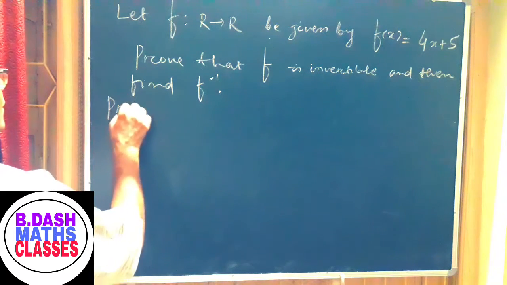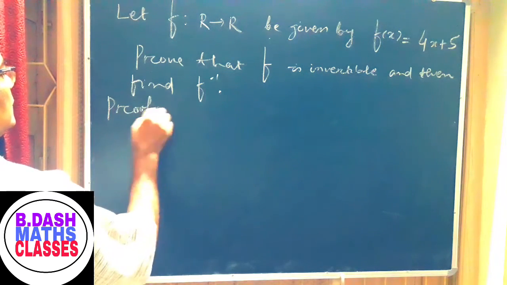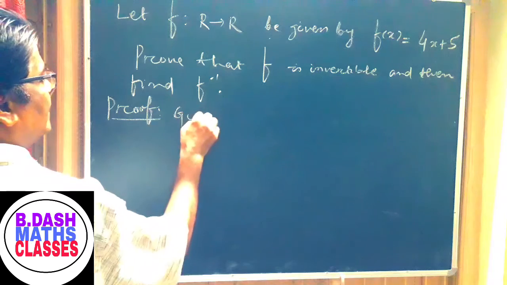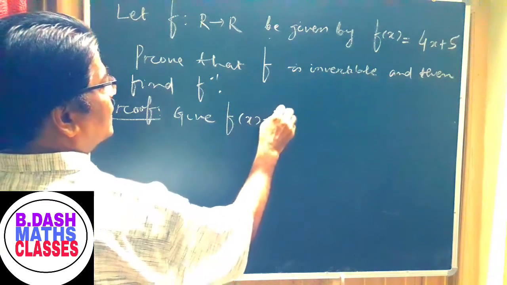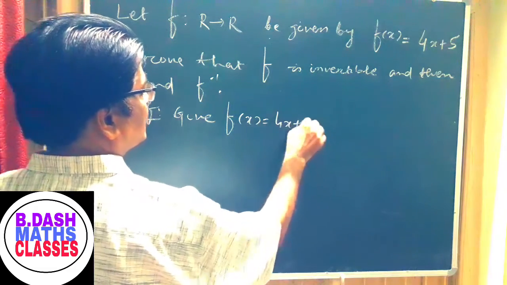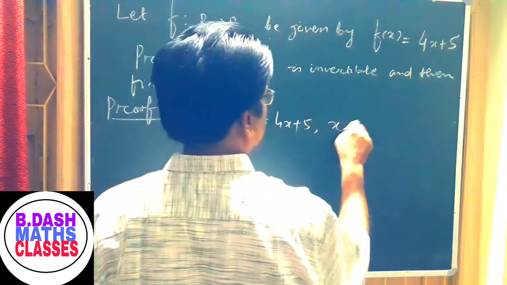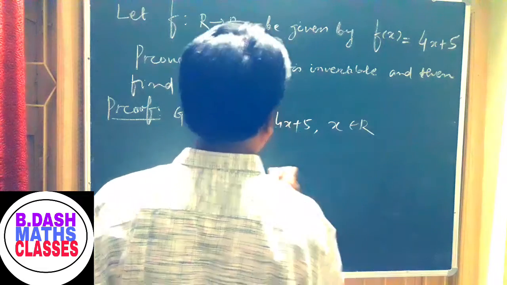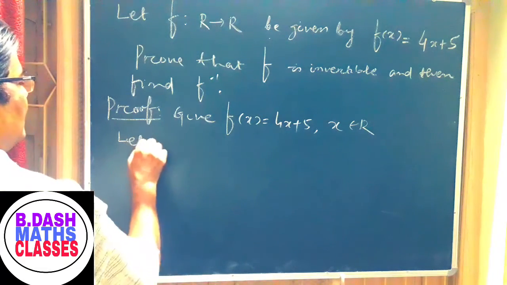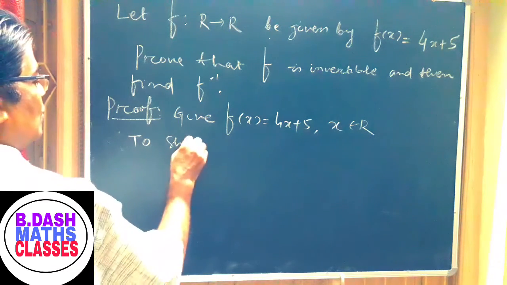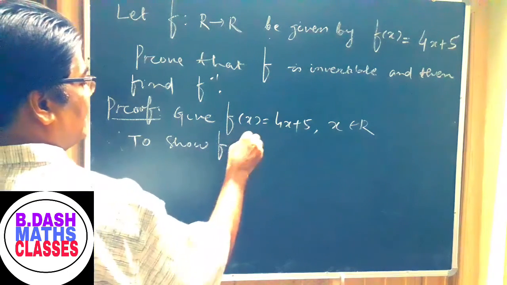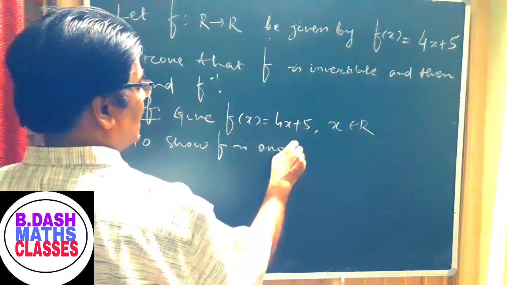Proof. Given f(x) = 4x + 5, x belongs to R. Let us show f is one-one.